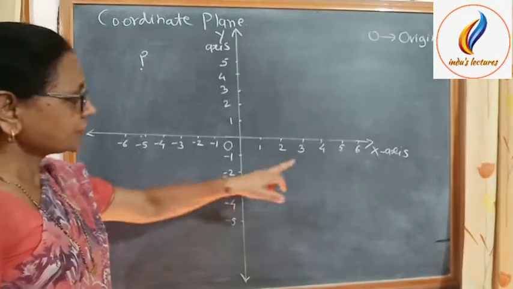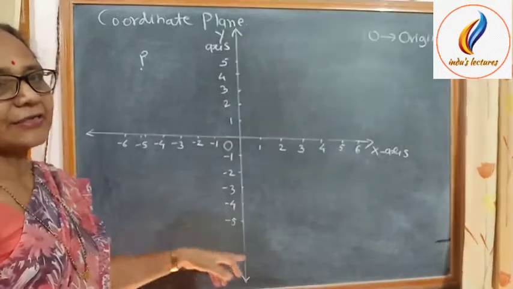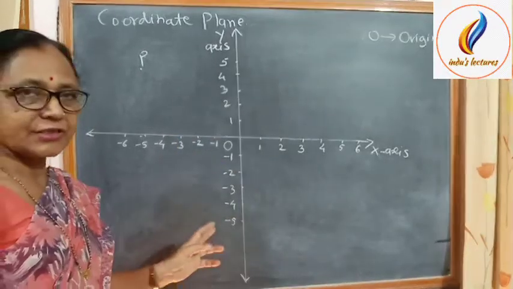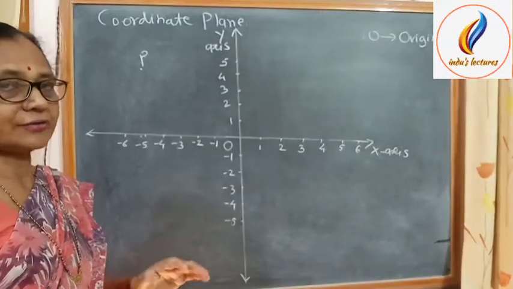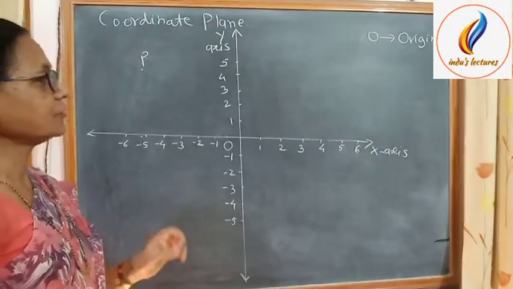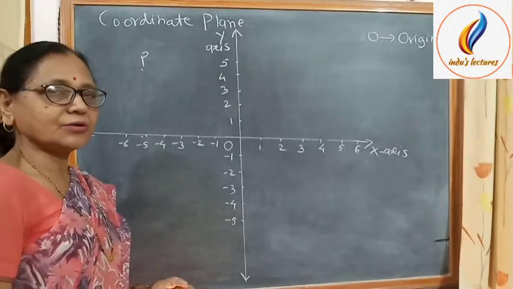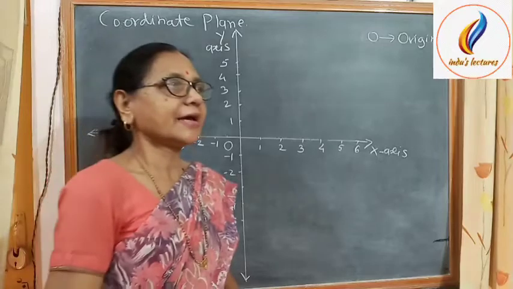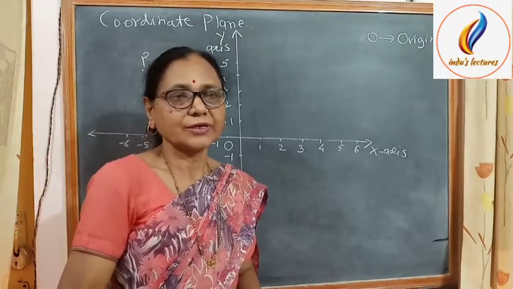So these two number lines divide the plane into four regions. Each region is called a quadrant. The quadrants are denoted by Roman numerals. Each quadrant has its own properties.